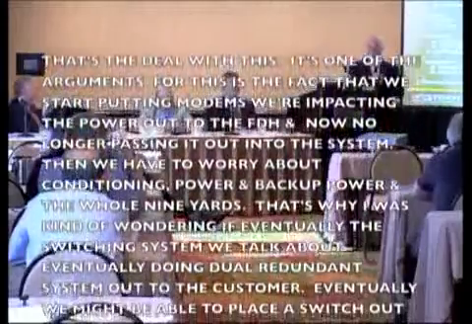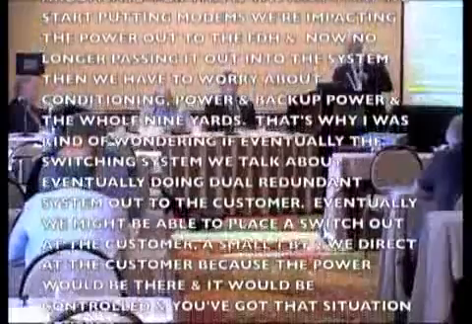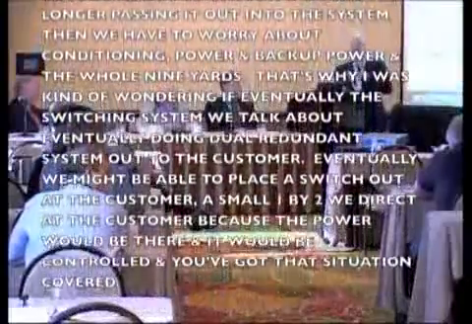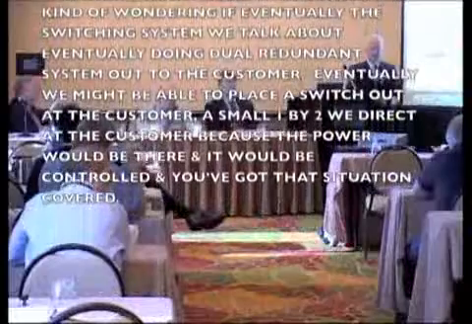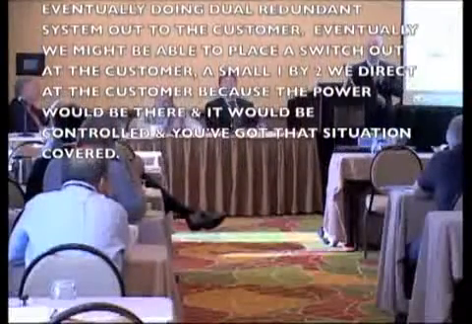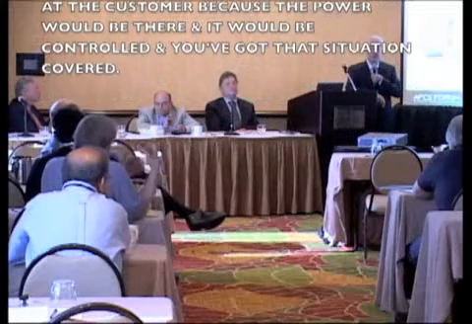And that's why I was wondering if eventually the switching system, we talk about eventually doing a dual redundant system out to the customer. Eventually we might be able to place a switch out to the customer, a small 1x2 redirect at the customer level, because the power would be there and it would be controlled, and you'd have that situation covered.